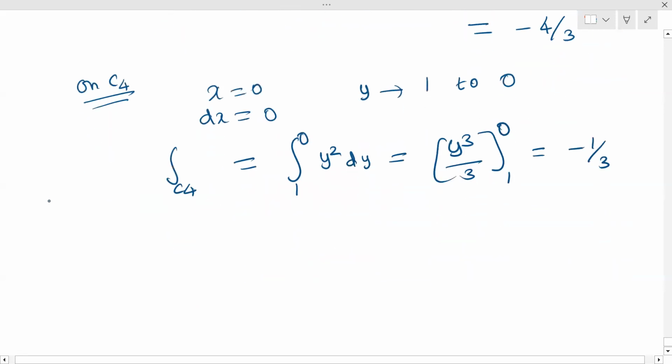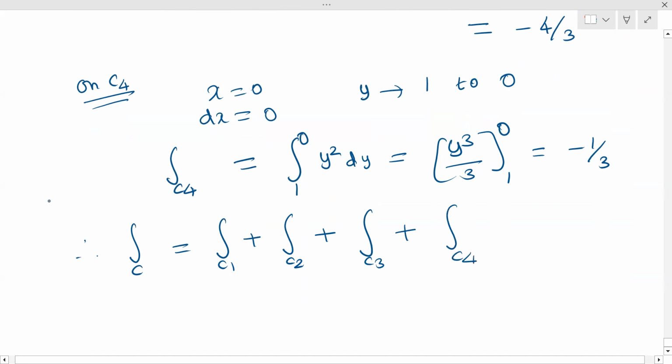Now we have to add all these. Therefore, the integral over C equals the integral over C1 plus C2 plus C3 plus C4. What is our C1? C1, how much did we get?